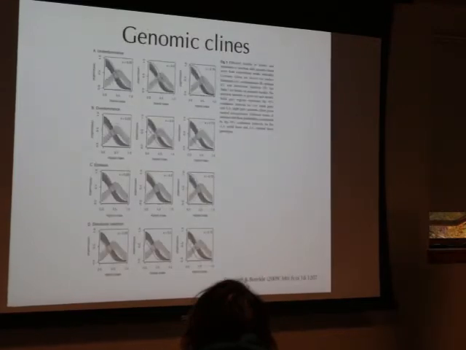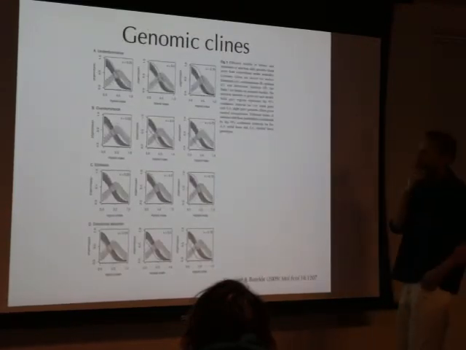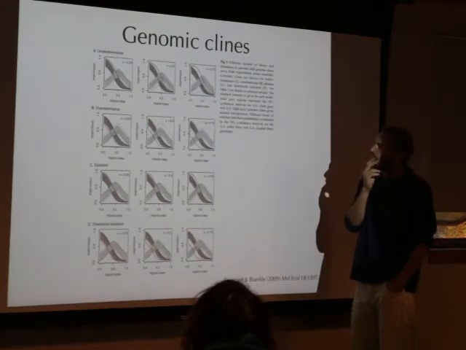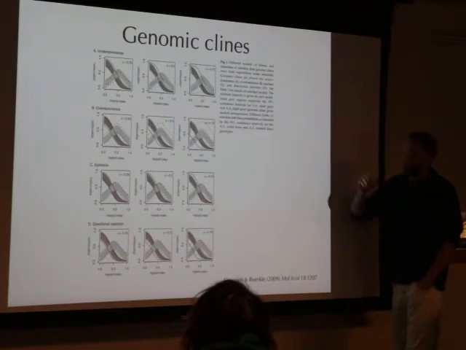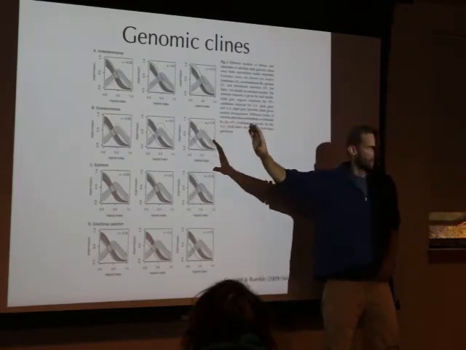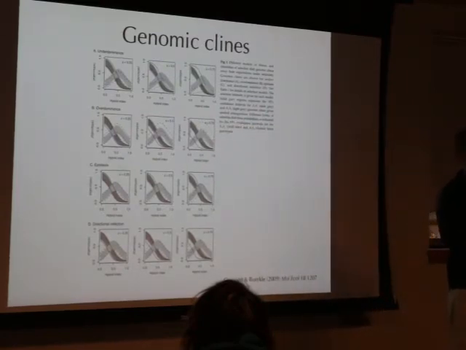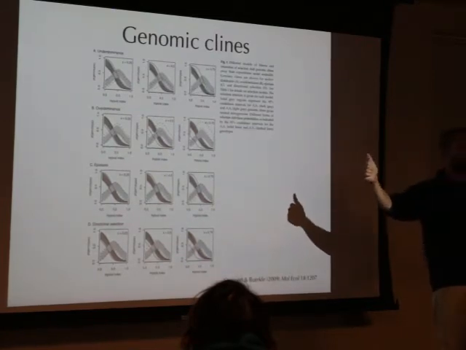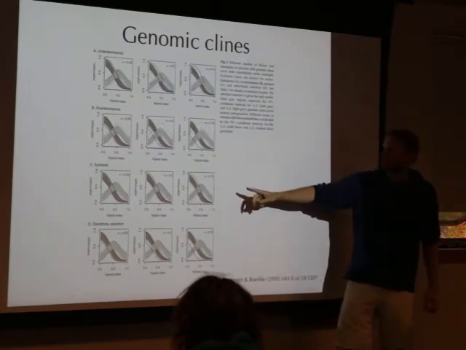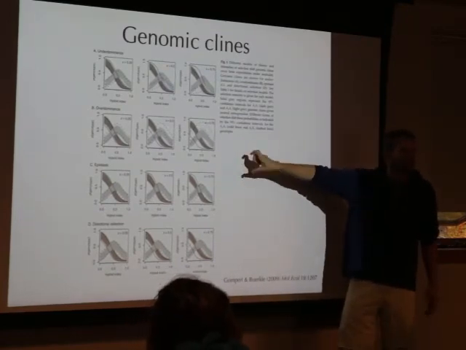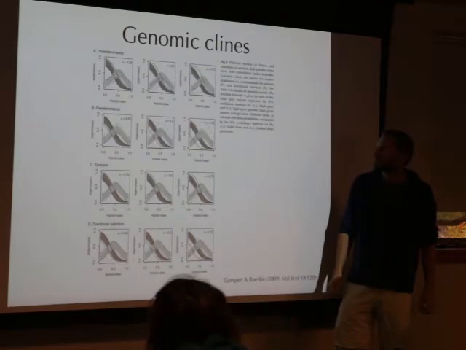Let me show a couple other examples. This is one of the other analyses for looking at clines. In this analysis, you could look at not just allele frequencies, but actually genotype frequencies, so frequencies of homozygotes and heterozygotes. On all of these, there are light gray and dark gray patches.